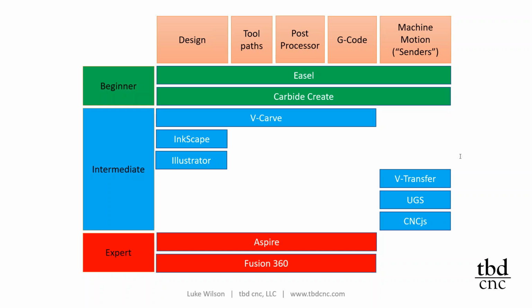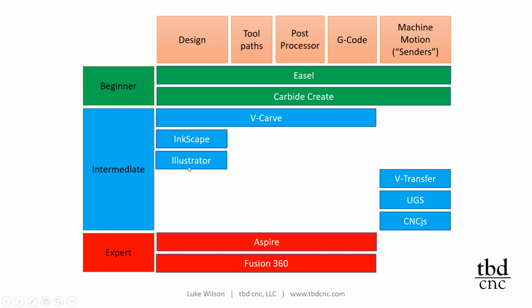So you're going to start in something like V-Carve, which is my recommendation. And then once you have your G-code generated out of V-Carve, you're going to move into a sender like V-Transfer, UGS, or CNC.js. You can even use Easel. I mean, you can go from V-Carve to Easel to send that G-code to your machine and make it actually make what you want.